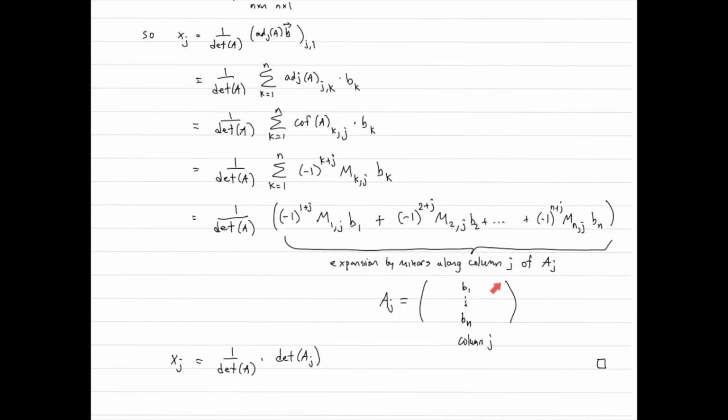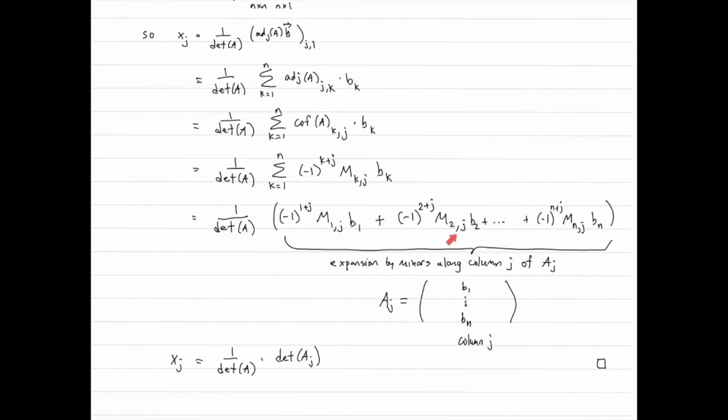That's where I delete row 1 column j, take the determinant of the resulting minor, multiply it by the appropriate sign. And then expanding to b2, it's going to be b2 times delete row 2 column j, take the determinant of what's left, that's exactly this, multiply by the appropriate sign, and so on.